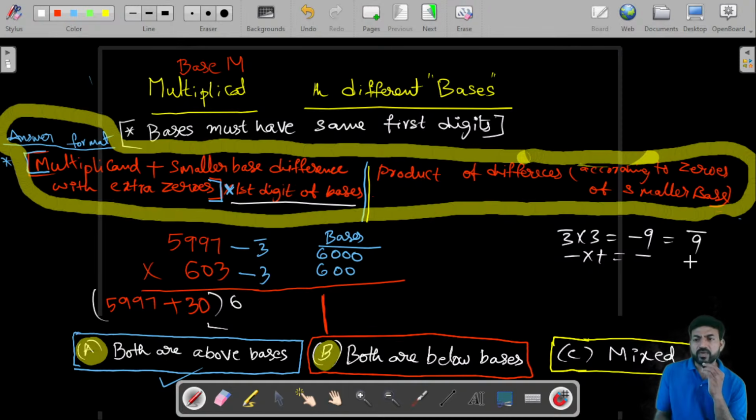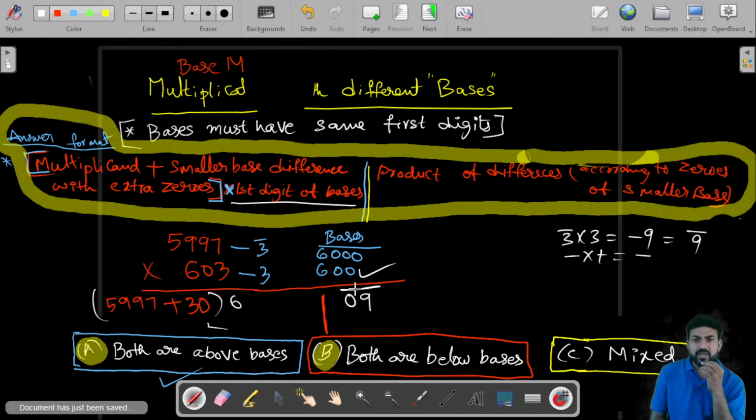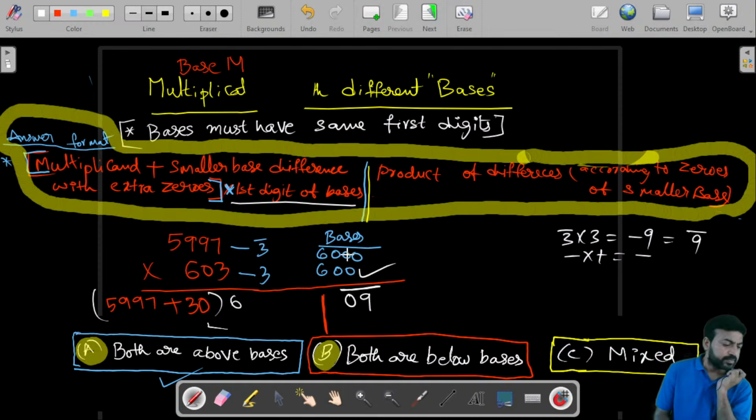You have to write this in 2-digit format because the smaller base has 2 zeros. Is it clear, everyone? So 09 in 2-digit format, but both are negative numbers. I told you in the devinculation process, if you find 0, you can put the vinculation bar on 0 also. Remember that.